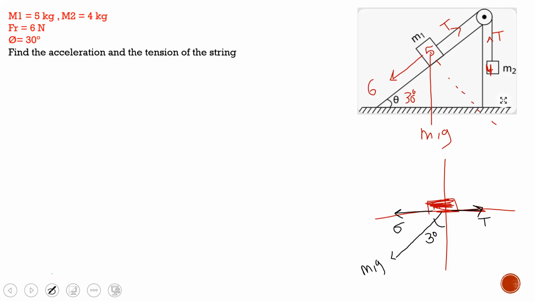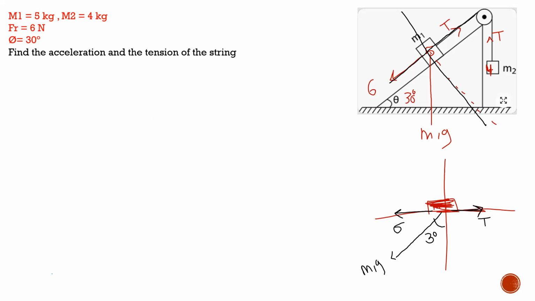Look here, this is the free body diagram. So here we have a tension, here we have 6, and here we have M1G, the gravitational force. But this one is inclined, so it is resolved by an angle.